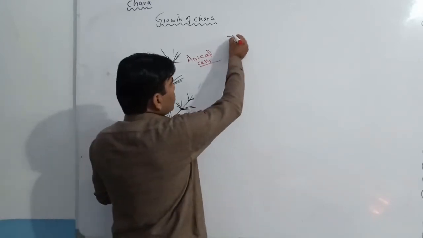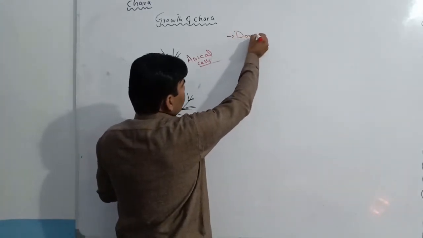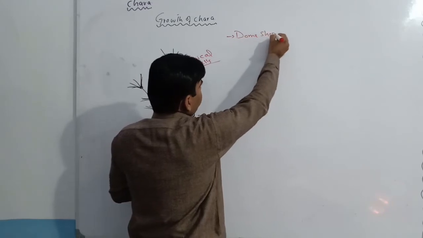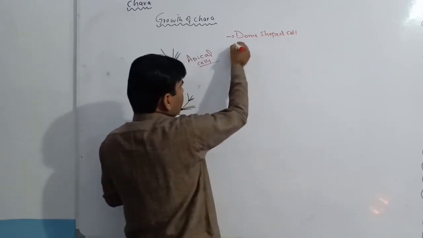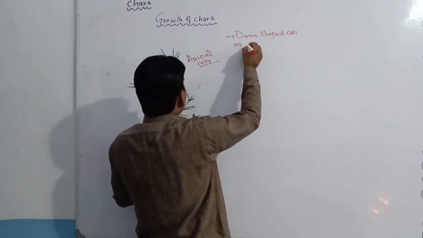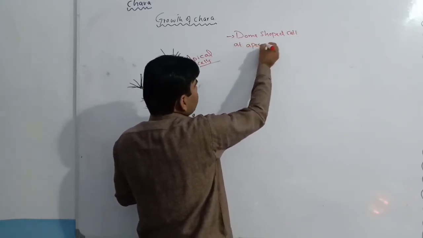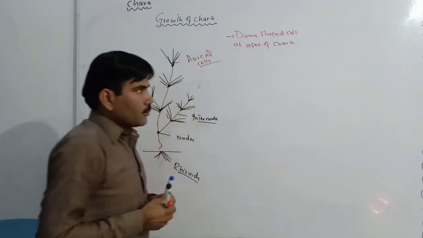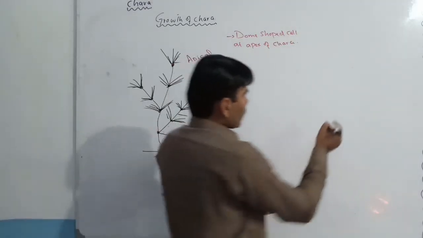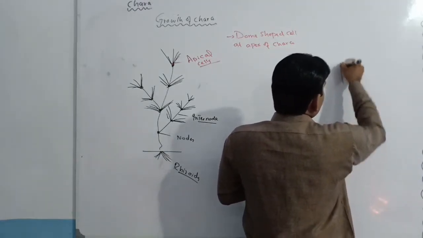So we can write a dome shaped cell at apex of chara plant body. So we will try to draw here.